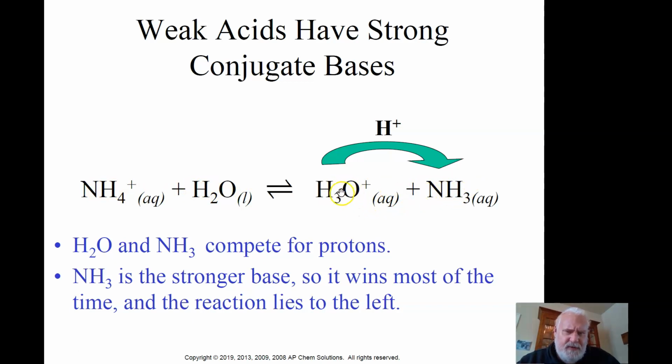Well, this is a super strong acid, right? So that hydrogen's going to end up there, and that is going to be the favored reaction, driving this whole thing to the left. Okay? So it's sort of a give and take thing. You see what's going on here with the products, and that's why it's a weak acid. Okay, and that's what that pairing means.